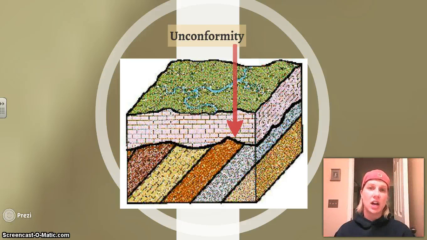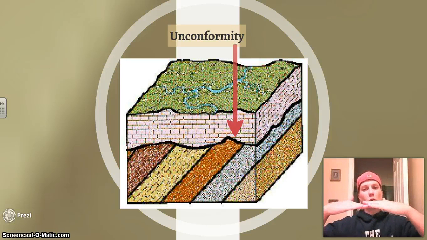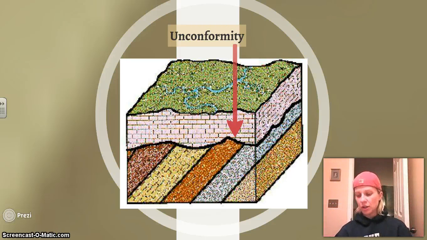We don't know how much time has passed, and then we get this brick layer that formed on top in a nice horizontal pattern. So the unconformity tells us that we've probably missed some layering somewhere. It's been eroded away. If we were to age it, the event is younger than the rocks below it, but it's older than the rocks above it.